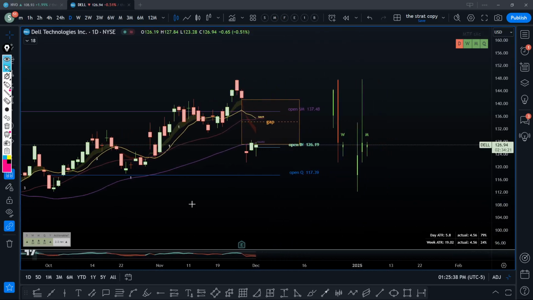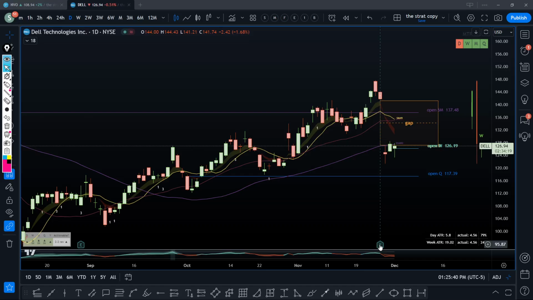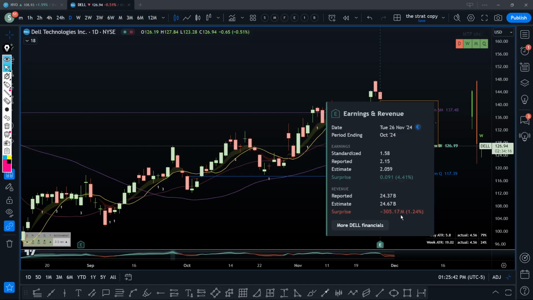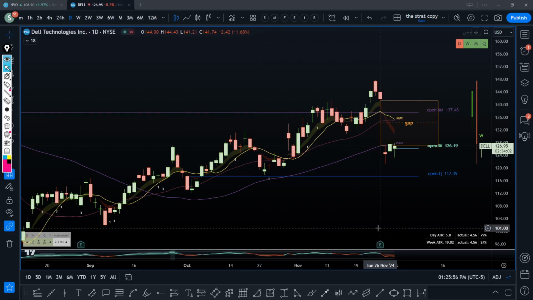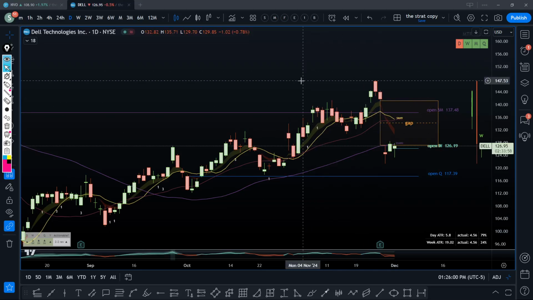But I'm thinking that because it didn't underwhelm, the surprise was 1.24% less than what they expected. So they're not about to go bankrupt tomorrow. They're making money, just a pinch less than what was expected.